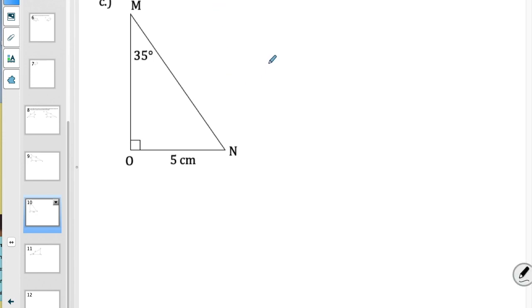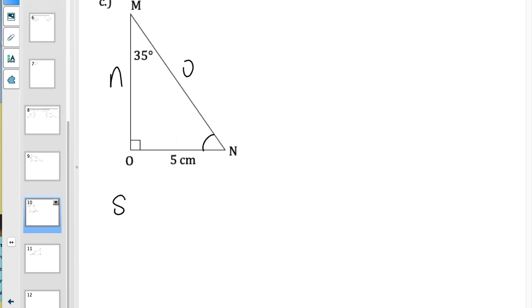All right, so let's finish out these last two examples here for C and D. As we were saying a moment ago, we could find side O and side N, and then we would need angle N before we were done. So with the 35 that's given, if we wanted to solve for side O first, we would use sine.